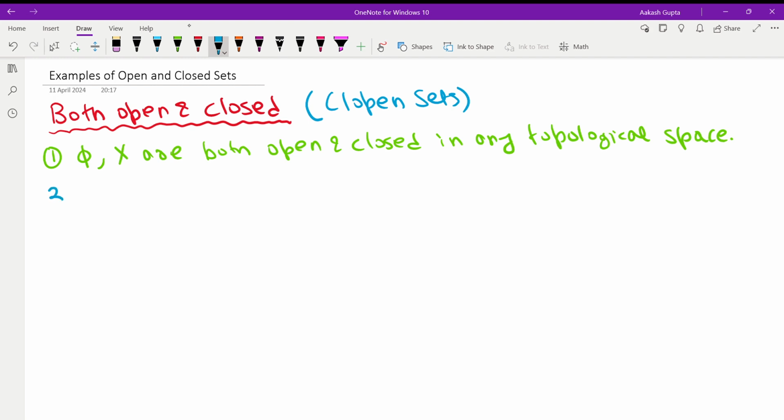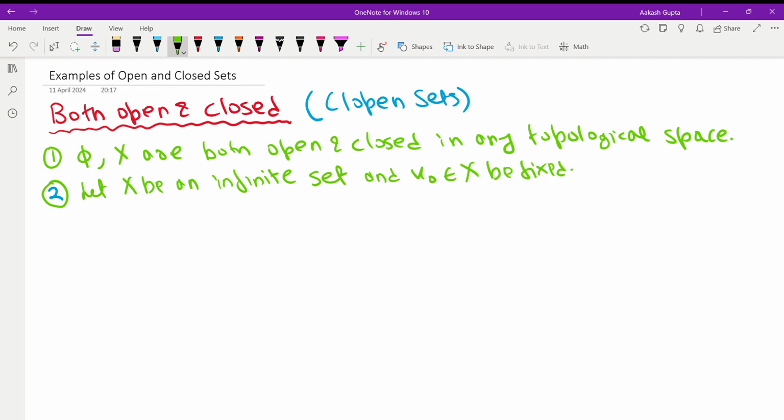Second example, which we have already seen, is, if you remember, the fourth space. So let X be an infinite set and X naught in X be fixed. Consider X along with tau to be the fourth space.